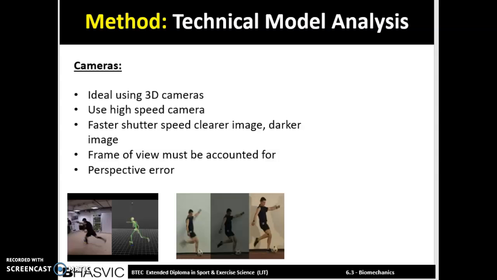We have used cameras to record both tests, so both the 20-meter sprint test and the vertical jump test, to then be able to look back afterwards and fully analyze.